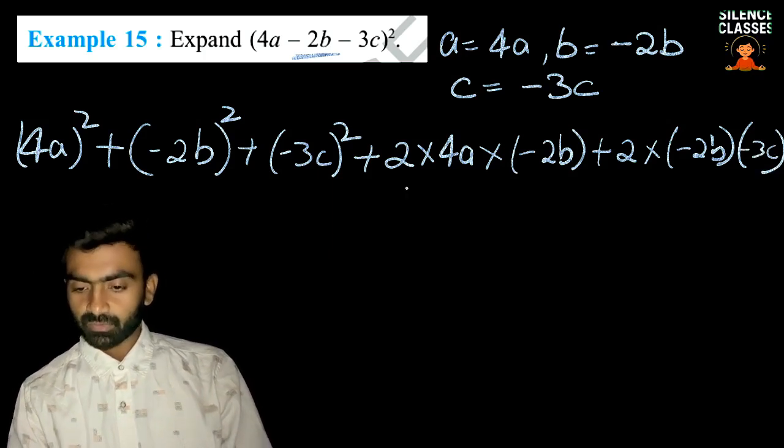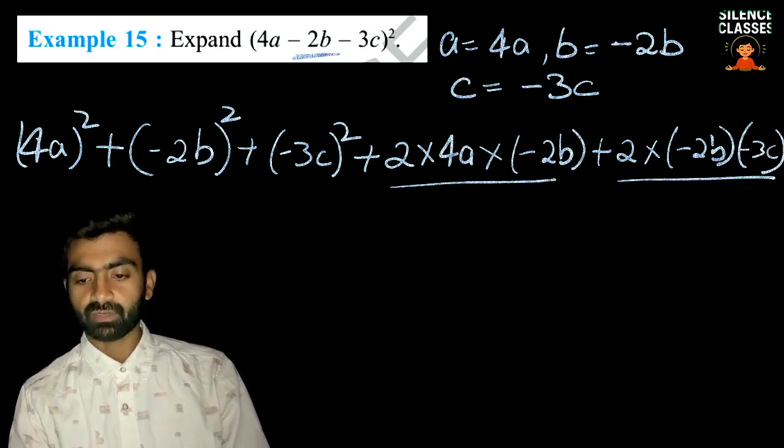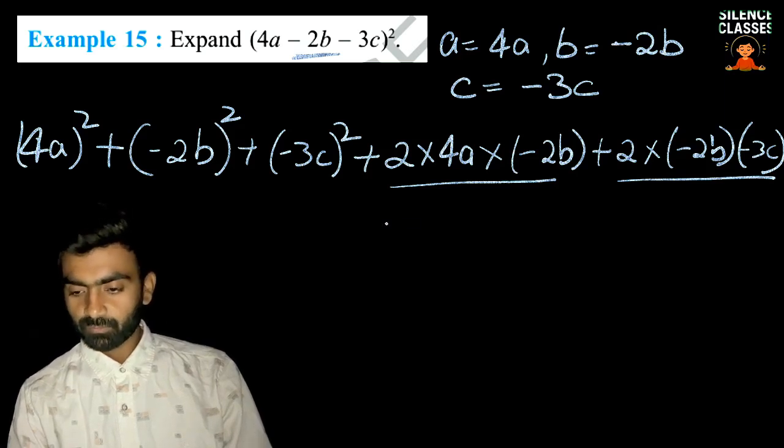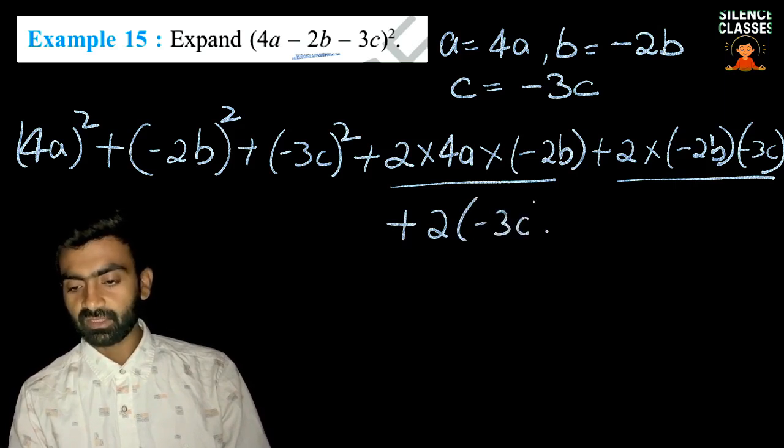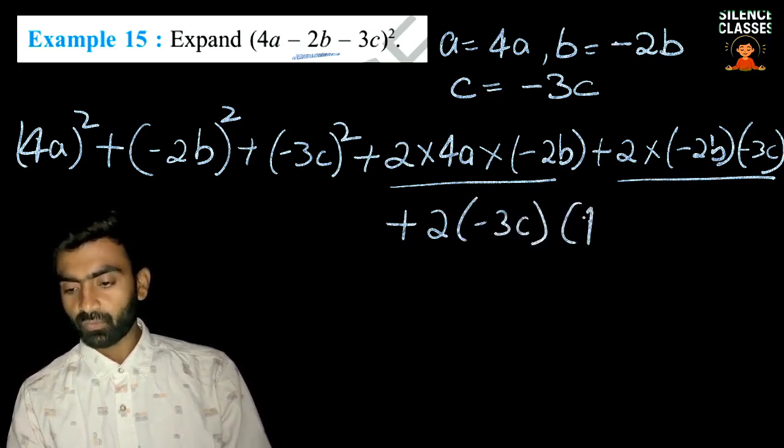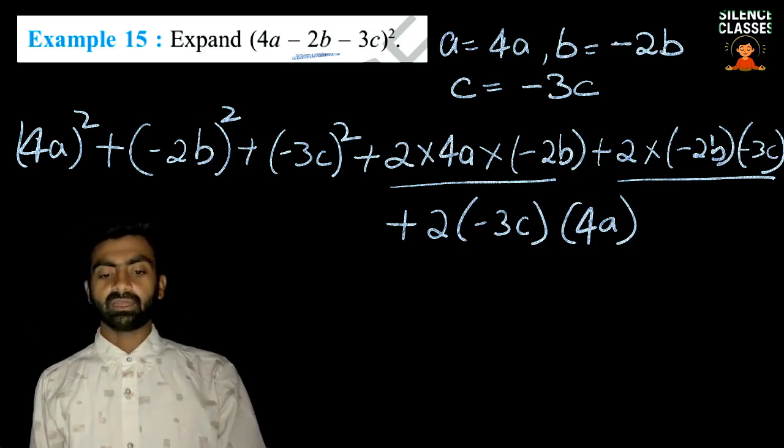This one I've done, this one I've done. Now this one we have to do, multiplied by 2, minus 3c and 4a. Like this we have to do.